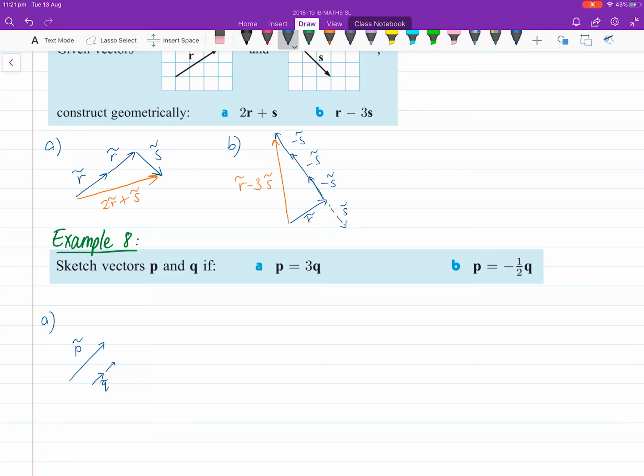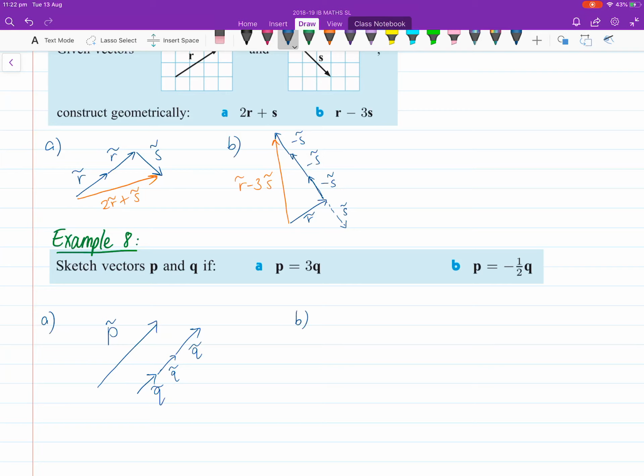And 3 of them fit into P, I guess. I think that's all you have to do. I didn't draw that very well, but you get the idea.